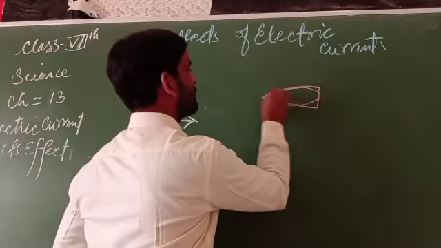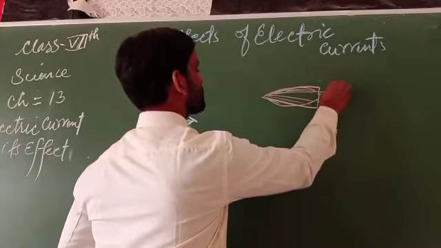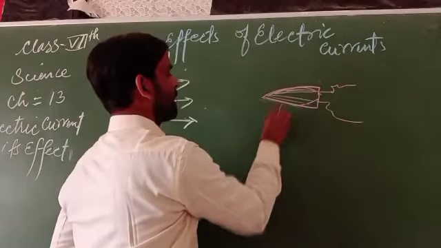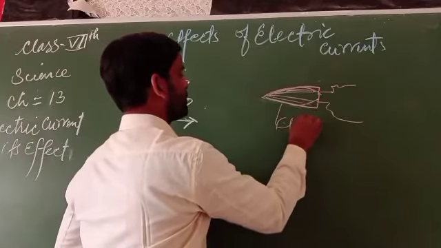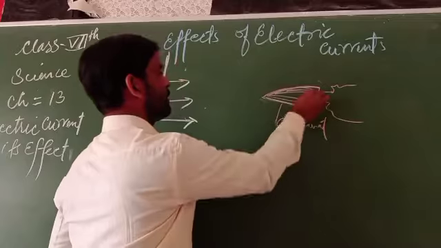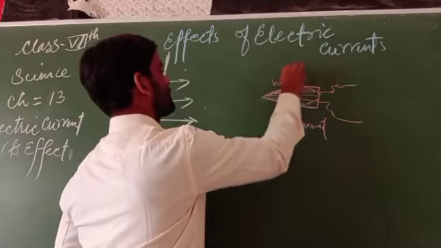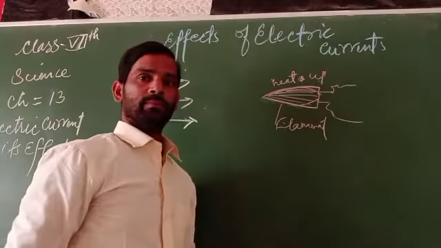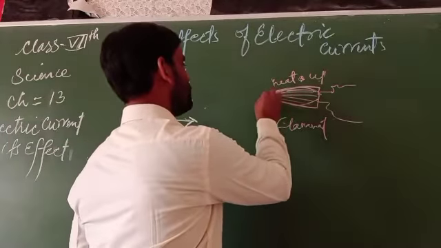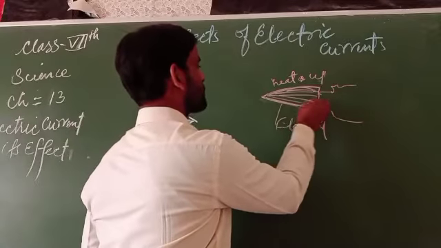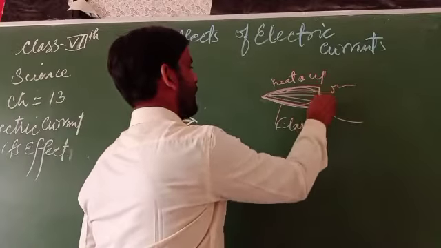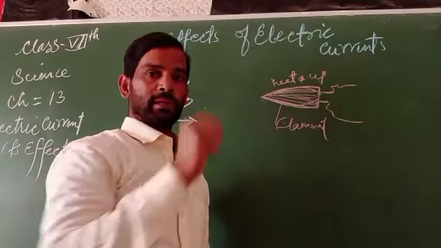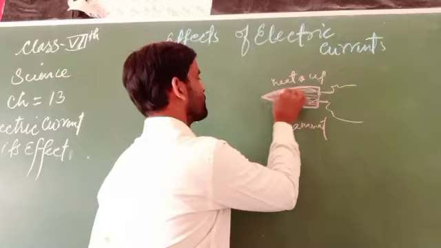Suppose this is an iron, and this is the filament. The filament heats up very easily, and due to the heat the clothes become straight. This works as an iron, that is a press, when we want to press something.